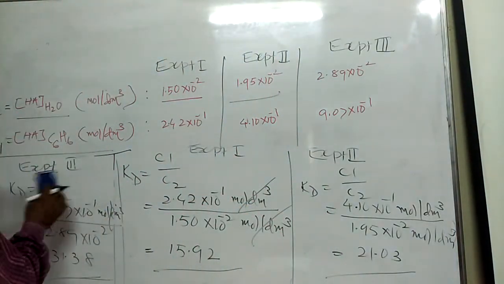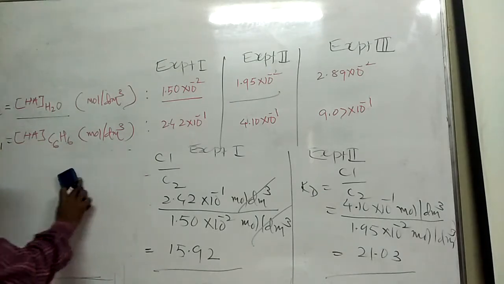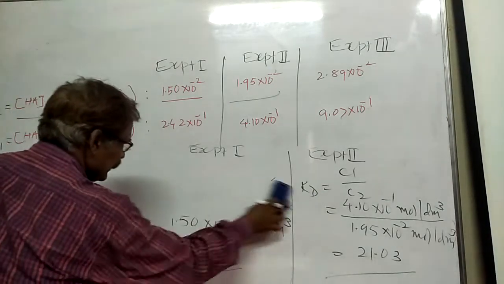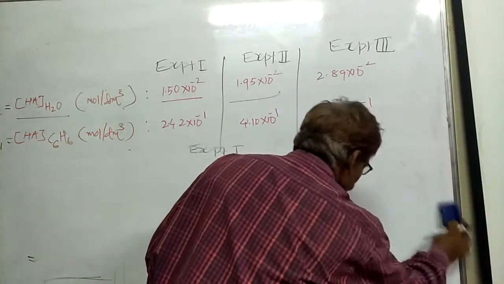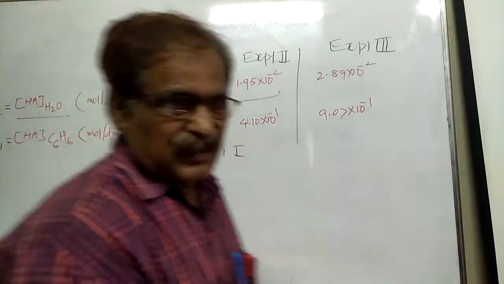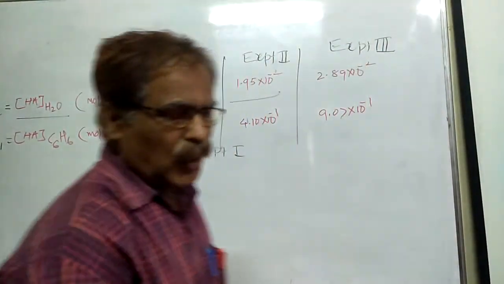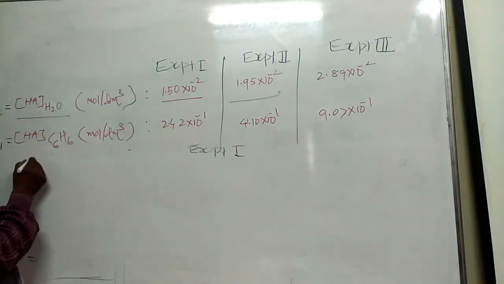Now, the modified Nernst distribution law which we have to apply in this case is the nth root of C1 upon C2.